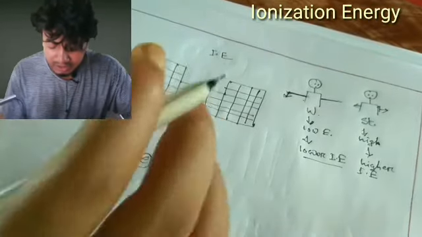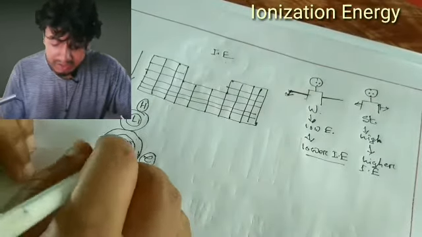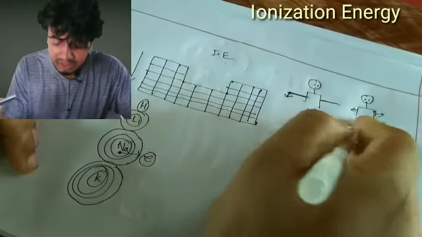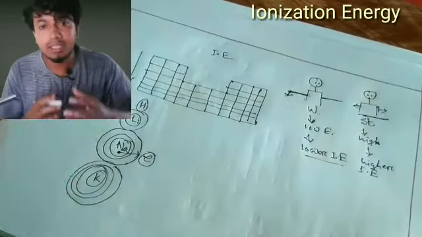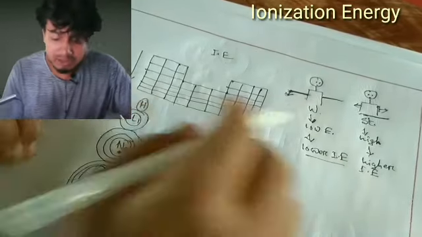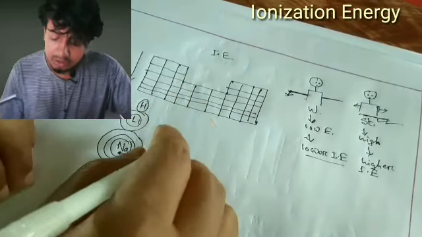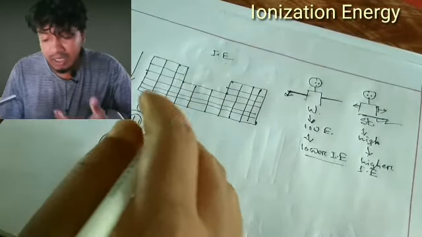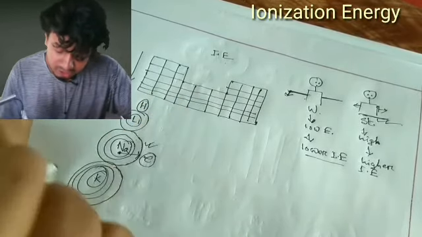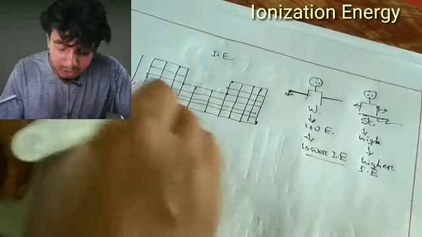So when the atom is bigger, you will have lower ionization energy, and for smaller atoms, the man is holding the bag tightly like that. If you want to snatch that bag from this man, you will need higher energy. So this time you will have higher ionization energy. So sodium has higher ionization energy than potassium, and it also happens across the period.